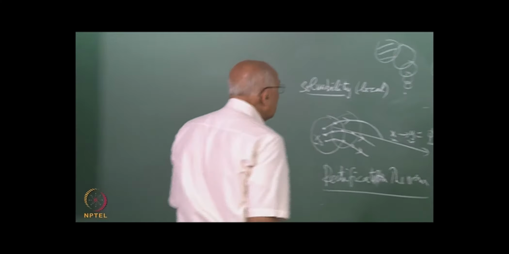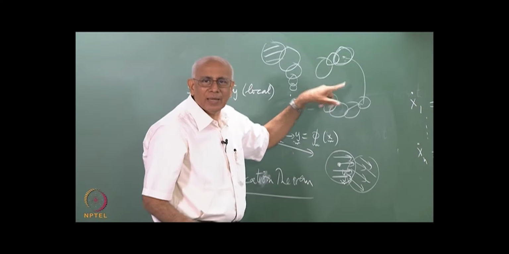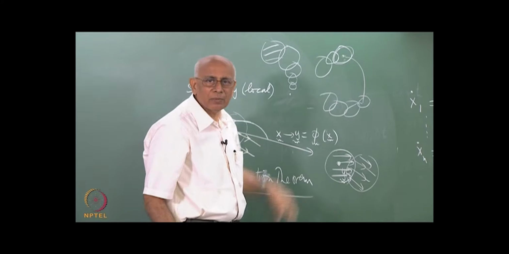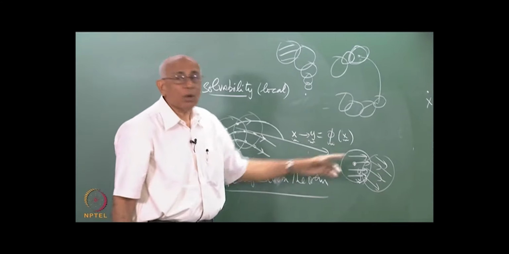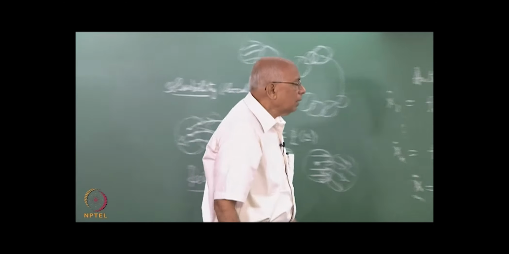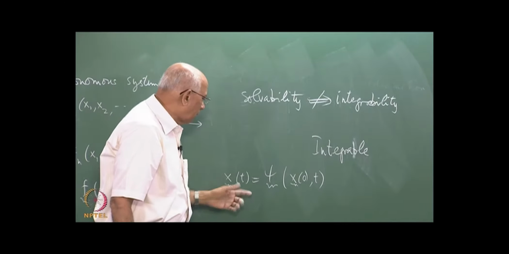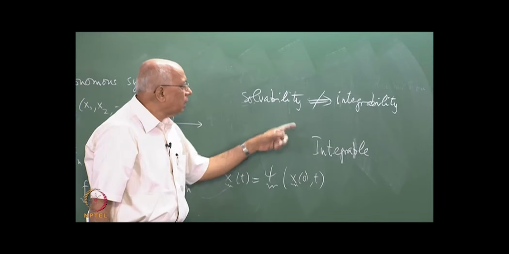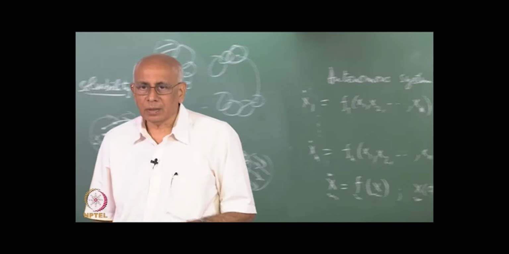So both these possibilities happen, and you can guess that in this case there must be some kind of singularity in this vector field somewhere which is preventing this from being solved globally everywhere here. There are other possibilities as well, but without going into that, let me just state as a matter of fact that integrability is a very rare event in dynamical systems.